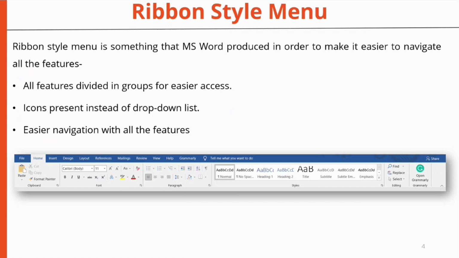Secondly, icons are present. There are different icons available for the different features and functions. And the most important thing is, instead of a drop down list, it is already there in the ribbon menus. Yes. So think about it. When you're scrolling through, and if you have a number of functions available to you, you might just miss out on the one that you are looking for, or you might miss out on something that might make your document much better.